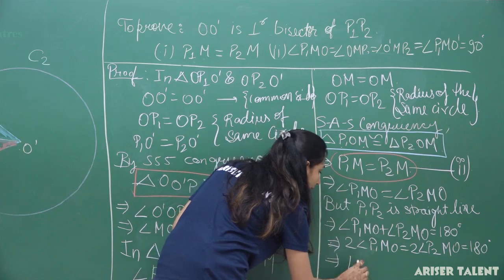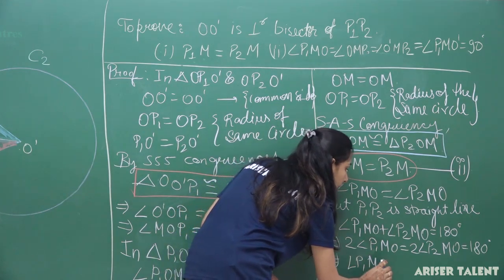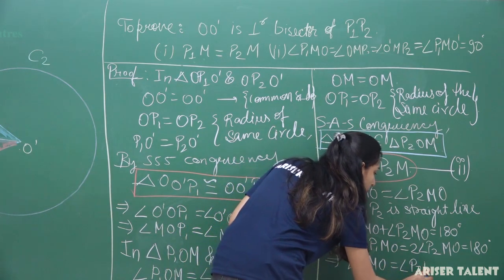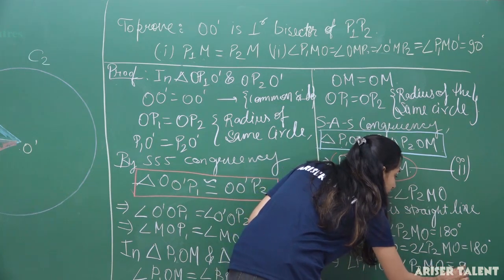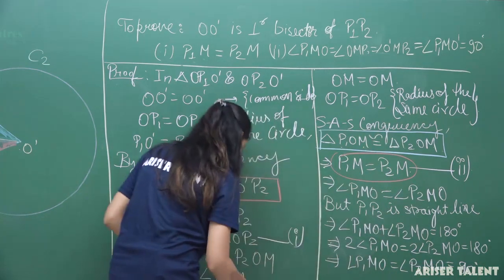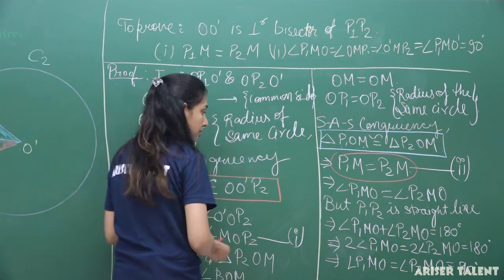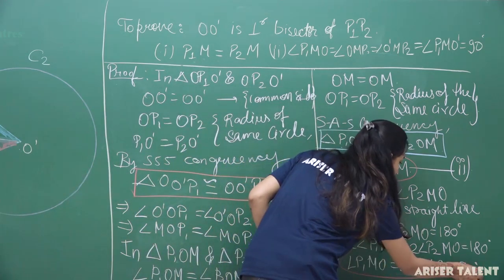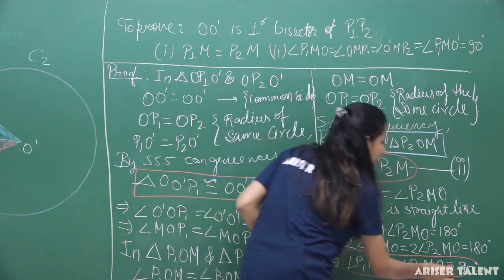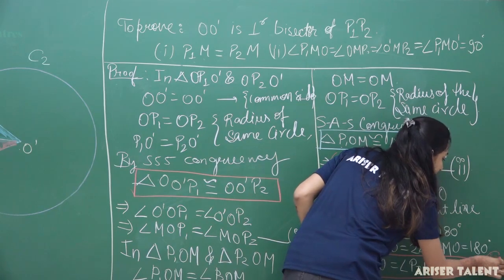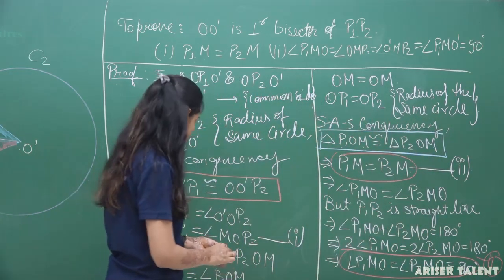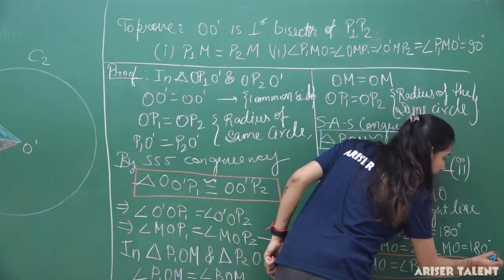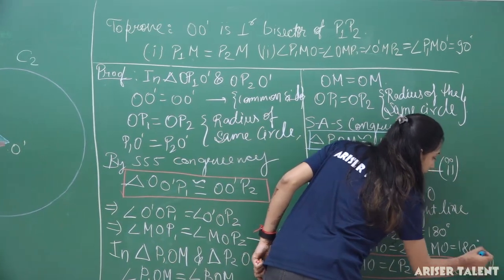That means angle P1MO equals angle P2MO equals 90 degree. Now this is what's worth writing, the third equation you are having.